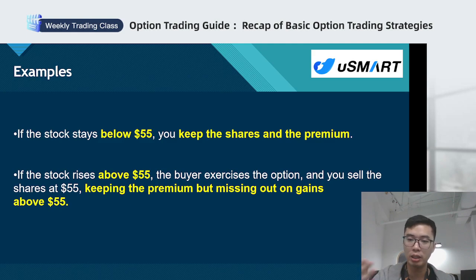So the downside is when it hits $55, you have to sell your stocks, get the premium and move on. If the stock continues to go over 56, 57, you lose the capital gain. But you can never time the market. So this is how we maximize our profits while waiting to hit the TP. So we use covered calls. Remember, for covered calls, we need to have stocks on hand.